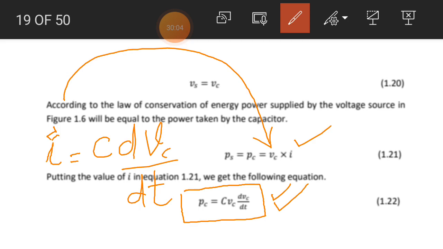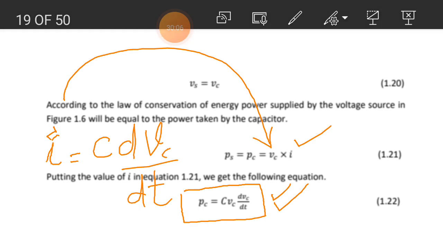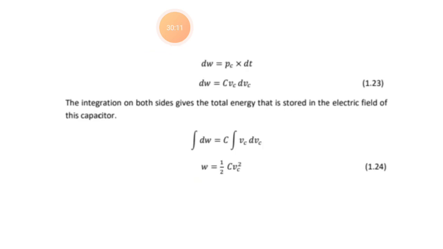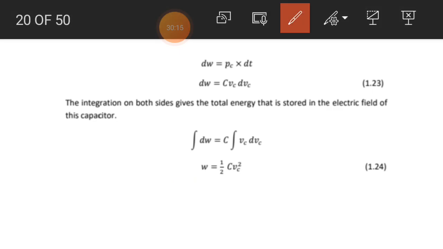And we simplify equation number 22. Please focus on equation number 22. You see, we play with equation number 22. We will get PC into dt on the left hand side of equation number 22, which is basically differential energy.